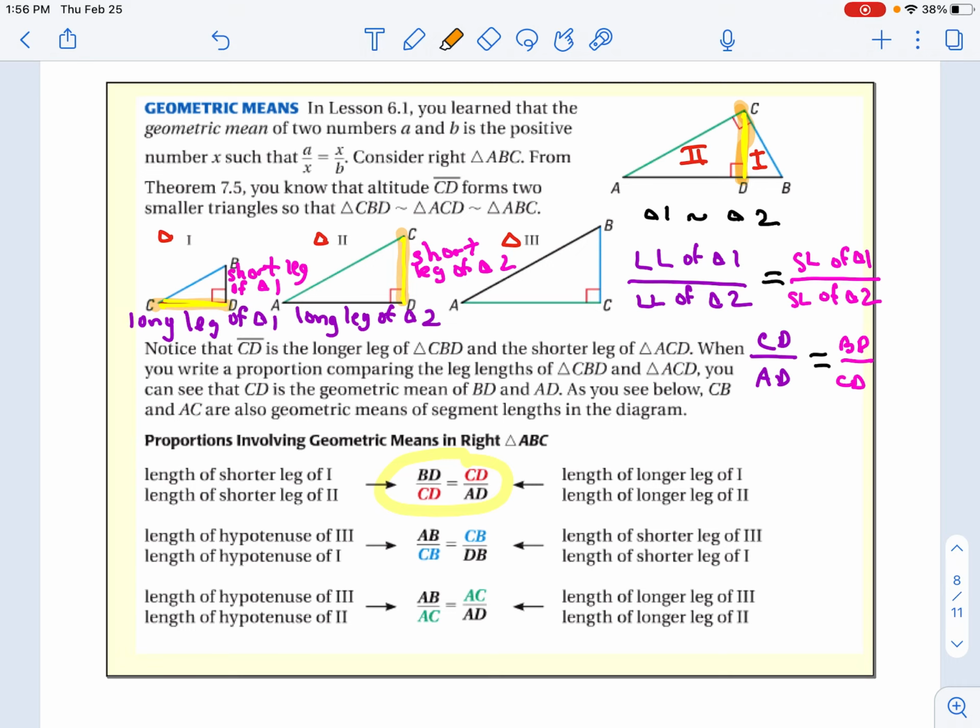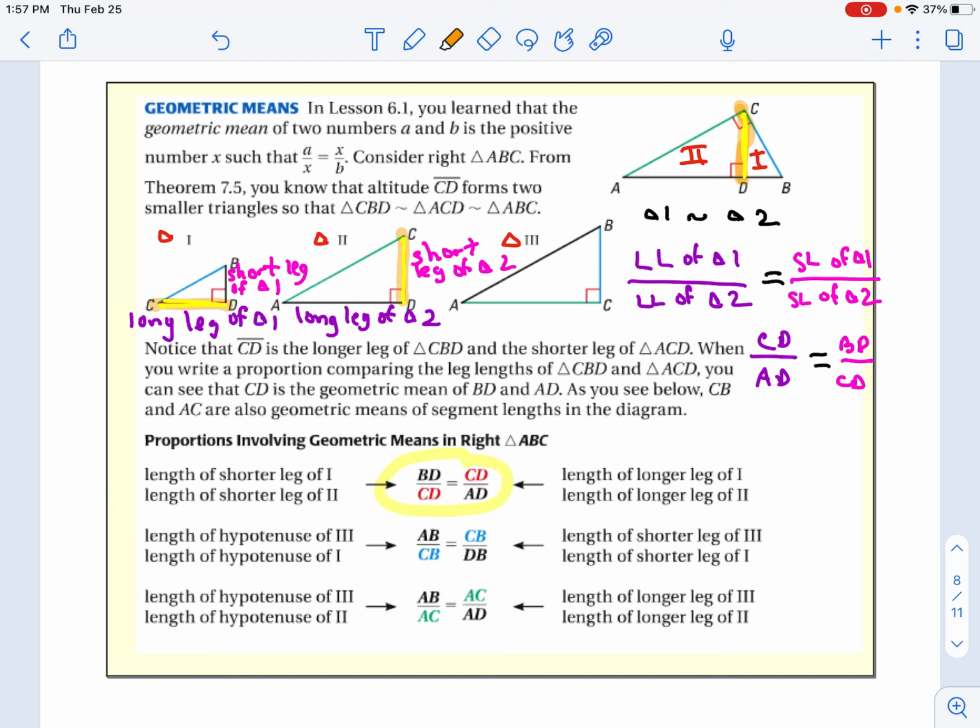When you look at these, you have a longer and a shorter leg of each of those two smaller triangles. If we write a proportion of the longer leg of triangle 1 compared to the longer leg of triangle 2, that would be in the same ratio as the shorter leg of triangle 1 compared to the shorter leg of triangle 2.